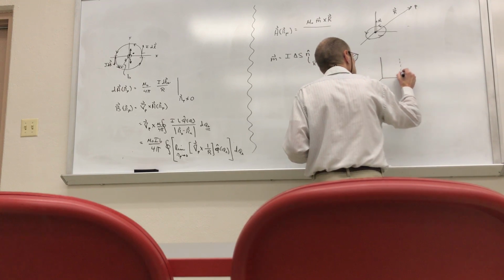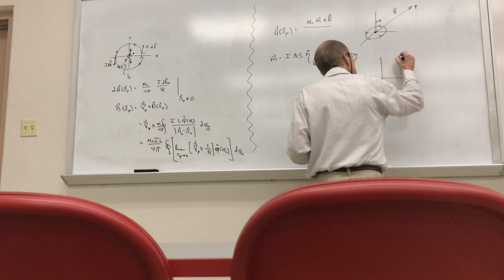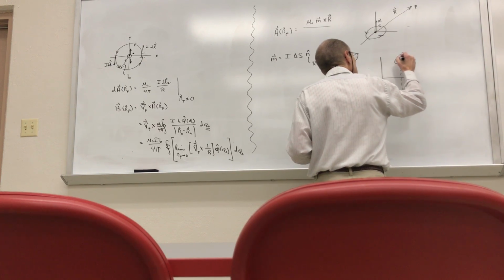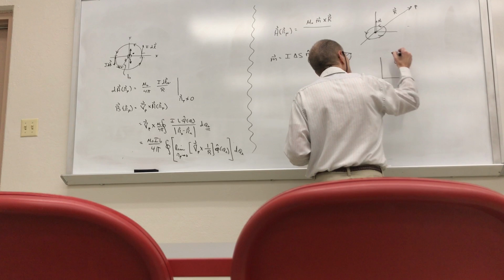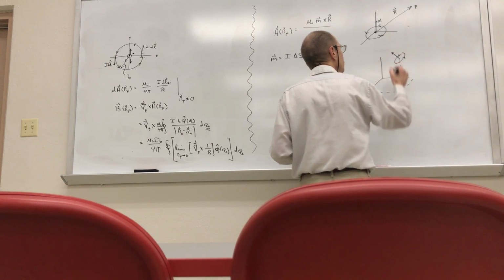Let us choose our central position of our magnetic vector potential to be here. Let us choose our current to be flowing in this direction. Consequently, M is determined.